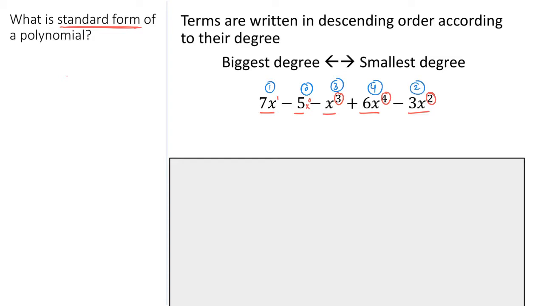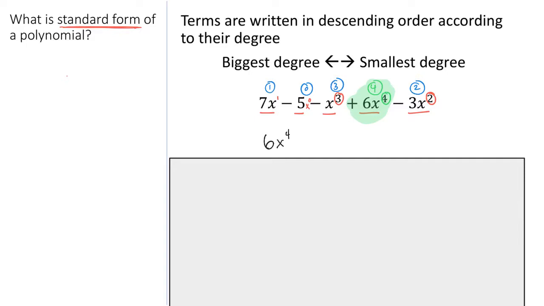So I'm going to start with the one that has the highest exponent, which is 6x to the 4th. Very important here to look at the sign in front of your term, so you make sure if it's positive, you keep it positive, and if it's negative, you write it as a negative. So I'm going to write a positive 6x to the 4th first.